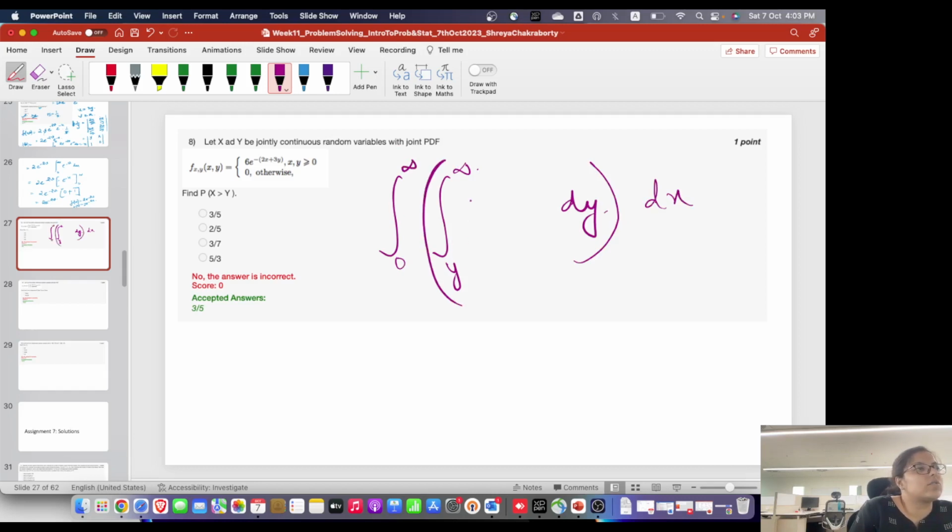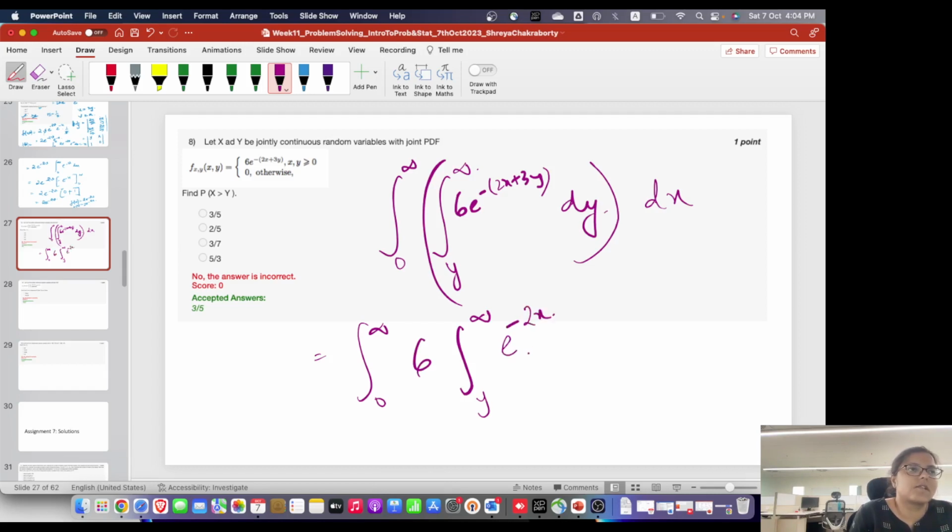So this will be my order of integration. Alright, so here we would have 6e to the power minus 2x plus 3y. So this would be 0 to infinity, y to infinity, 6 will take out, e to the power minus 2x into e to the power minus 3y dy dx.